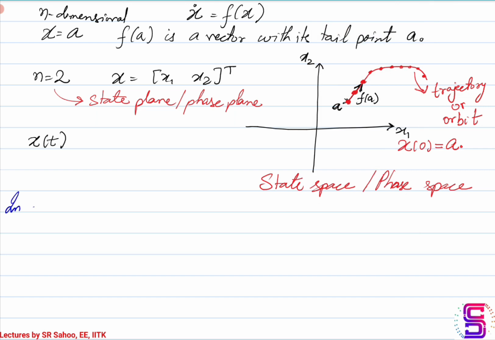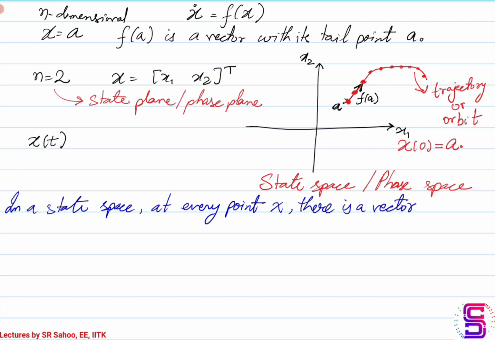So in a state space, at every point, let's say x, there is a vector f of x associated with x.